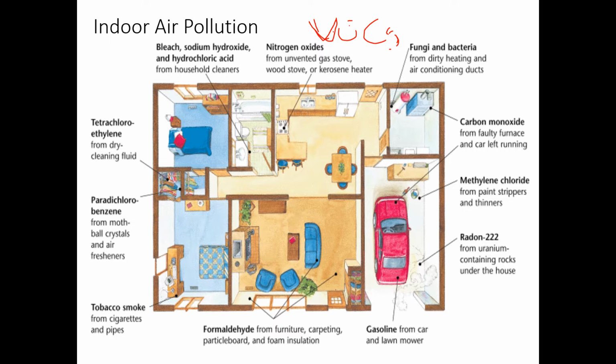You've got methylene chloride that comes from paint strippers and thinners, the radon gas that I just mentioned, and formaldehyde. Formaldehyde is one of the bigger ones. Those are chemicals coming from your furniture, carpeting, particle board, and foam insulation. That is one of those indoor air pollutants.